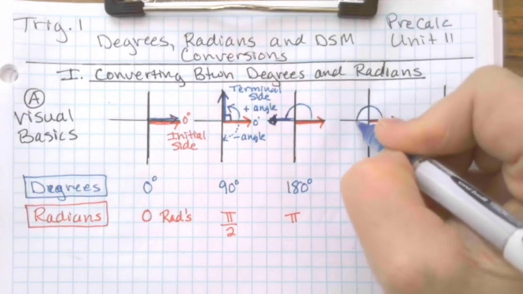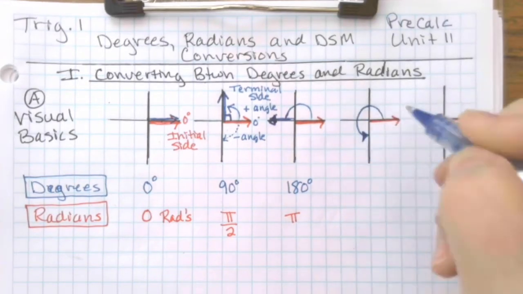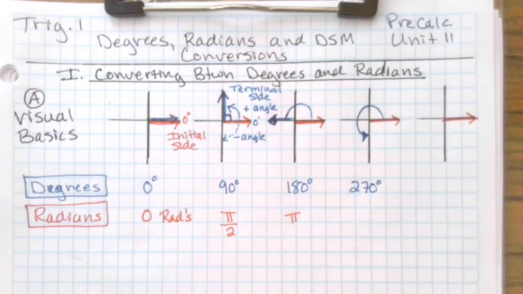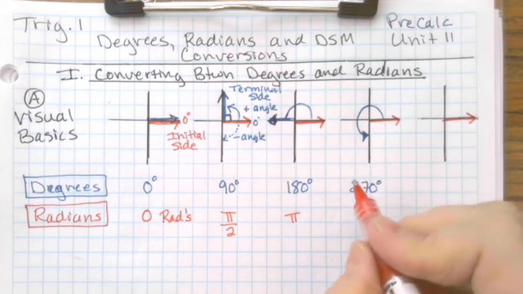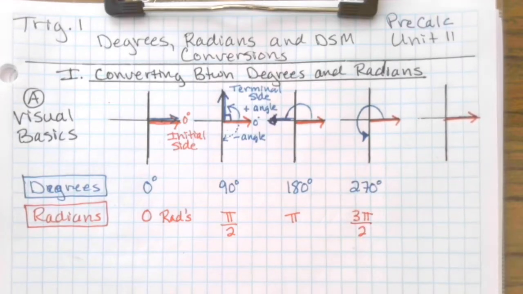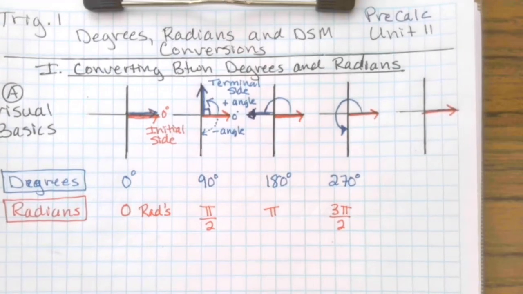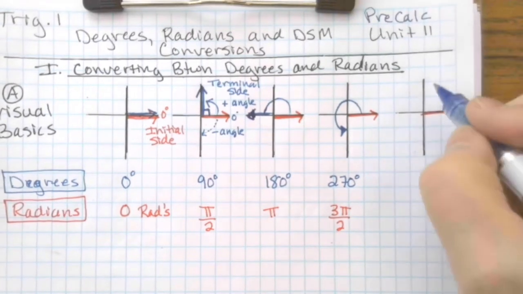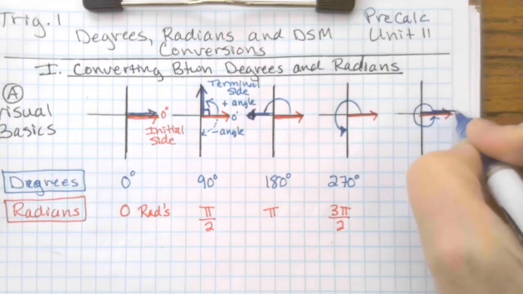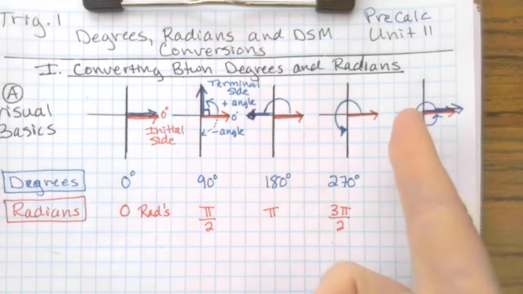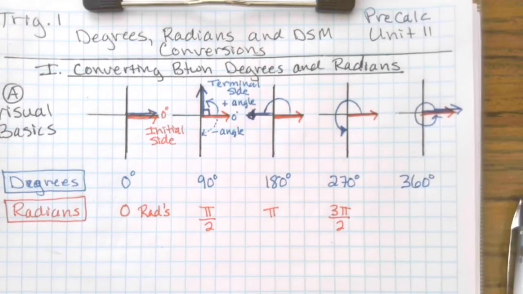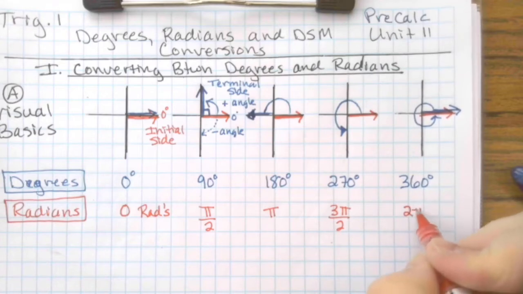If your terminal side swings all the way to where it's pointing straight down, that would be 270 degrees. In radians, that would be 3 pi over 2, or 1.5 pi radians. If your angle goes all the way around and it stops where it started, an entire circle measurement is 360 degrees, and in radians, it is 2 pi.